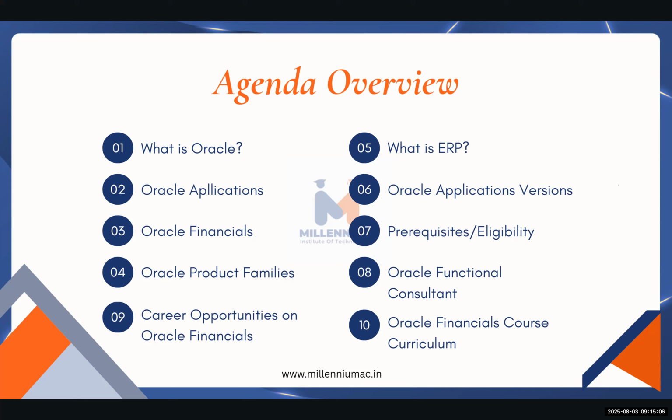Just as ITC is known as a tobacco company but today operates many other businesses, such as FMCG and hotels, Oracle also started its origin as a database management company.